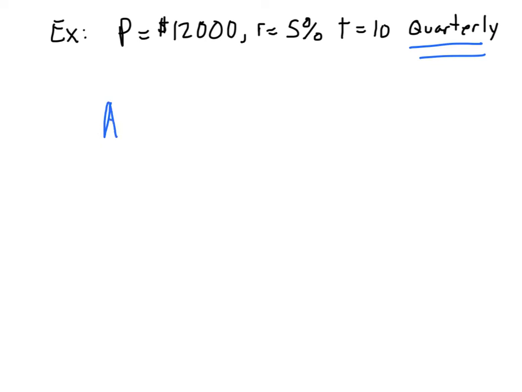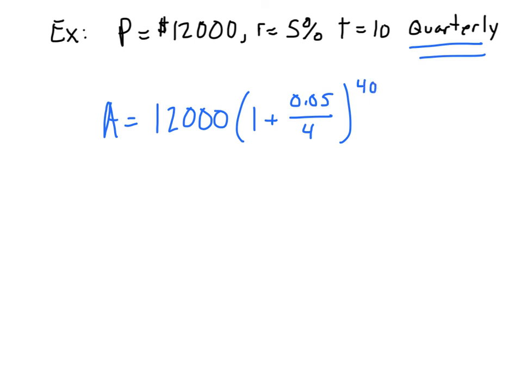We write down A equals, and then we're going to take 12,000, our principal, we'll multiply by 1 plus 0.05 over 4, and then we're going to raise that to the 40th power.